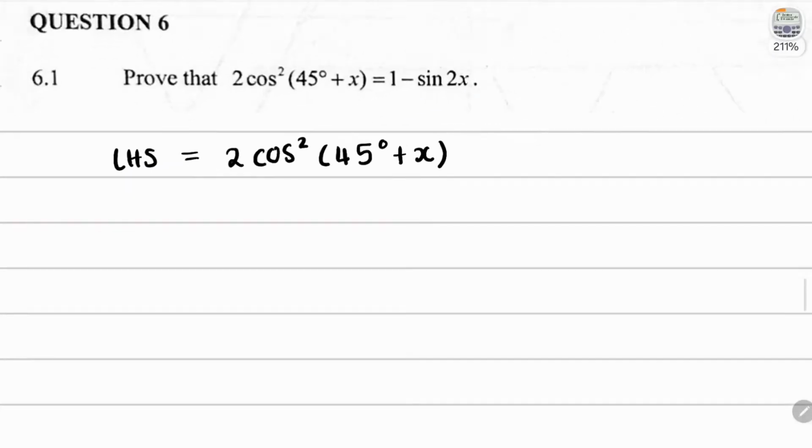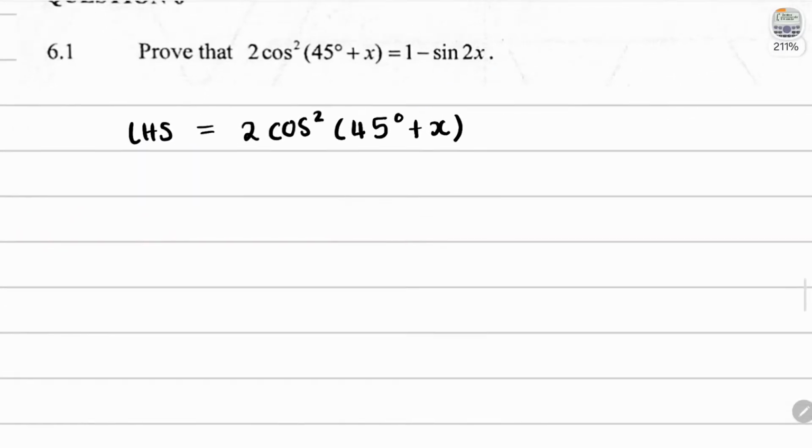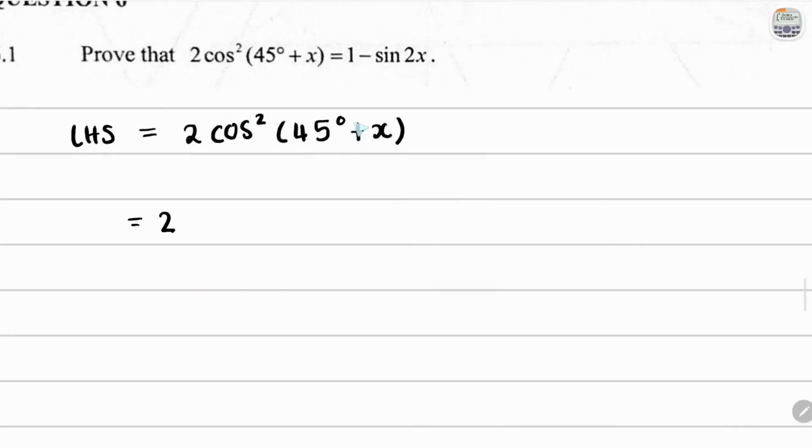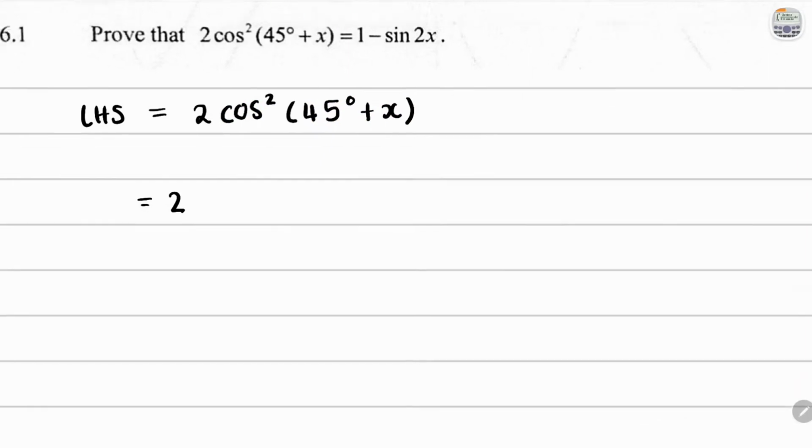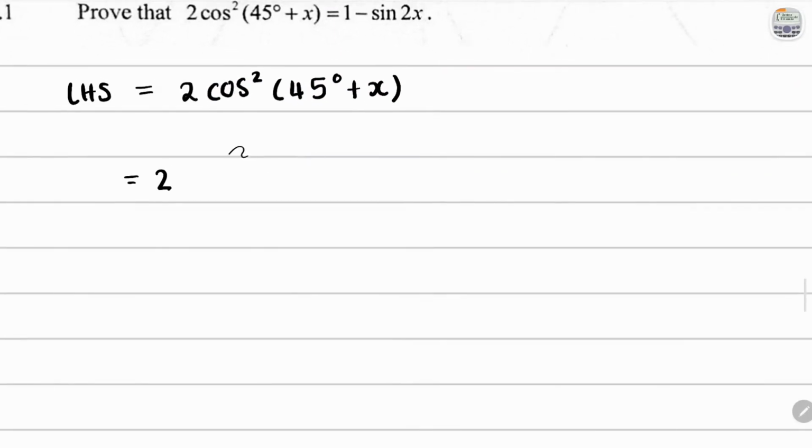Okay, so this is what we have, and let's see how we can expand this. You see we have a squared here, so we're going to have to keep that in mind. This is 2, and these are going to be squared at the end of the day, but it's still cos of 45 degrees plus x. We can use the compound angle expansion of that.